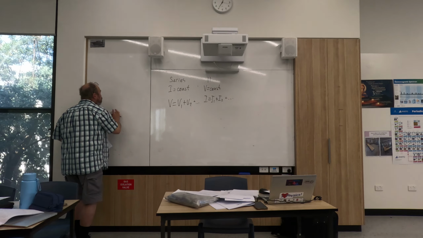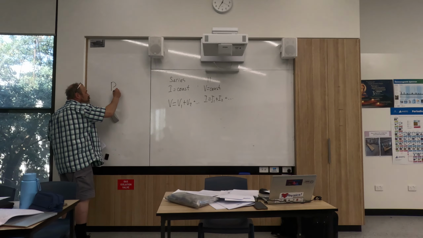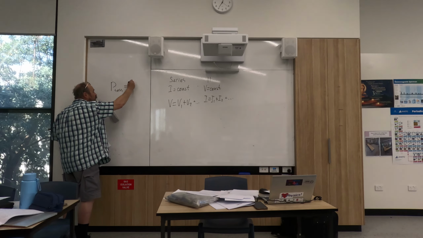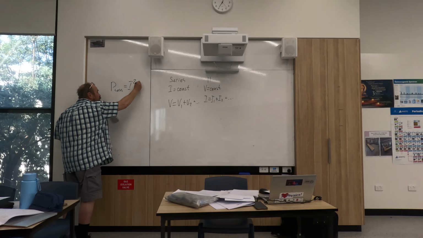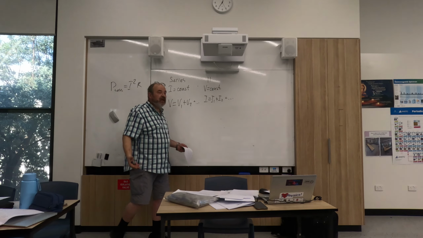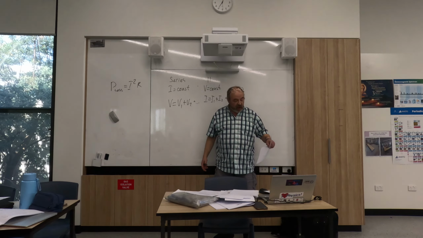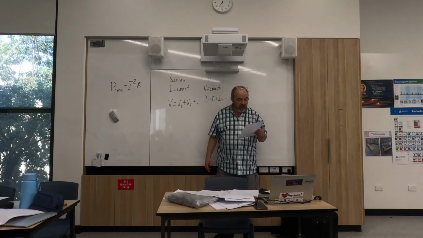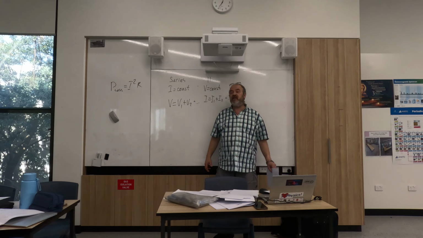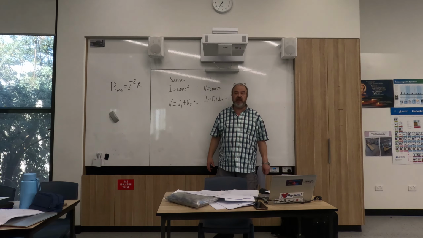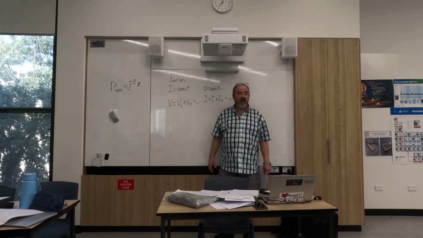How do we calculate power loss? I squared R. So the higher the current, the more power loss. Which connection will have less power loss? Series will have less power loss because of the smaller current.